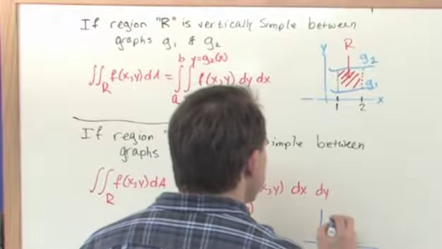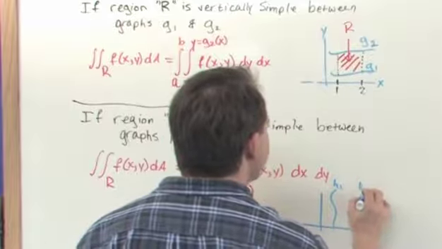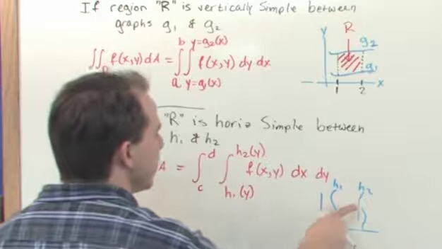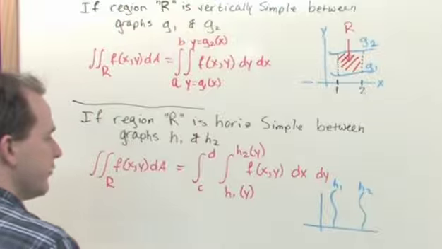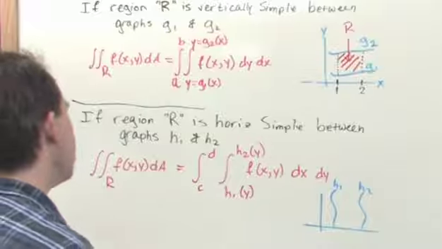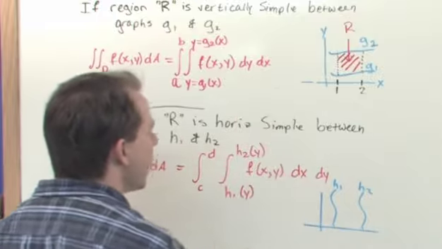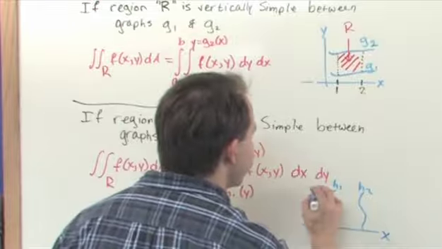So you can see it looks very similar to before, except now the region, if it's horizontally simple, might look like this. I might have an h1 and an h2, and these are the two functions, and let's just say for whatever reason that it's organized that way, and I want to integrate in that direction. So now, instead of integrating dy and then dx, I'm going to integrate dx and then dy. This is x, this is y.